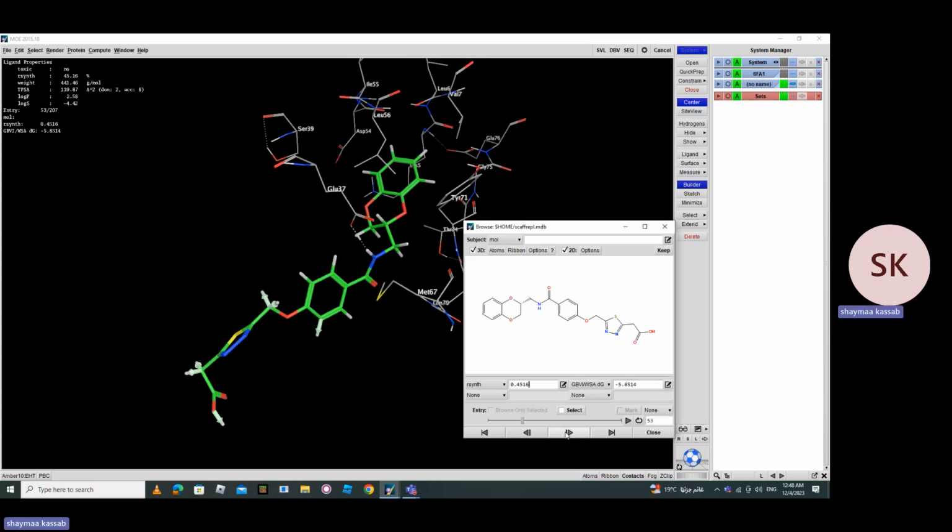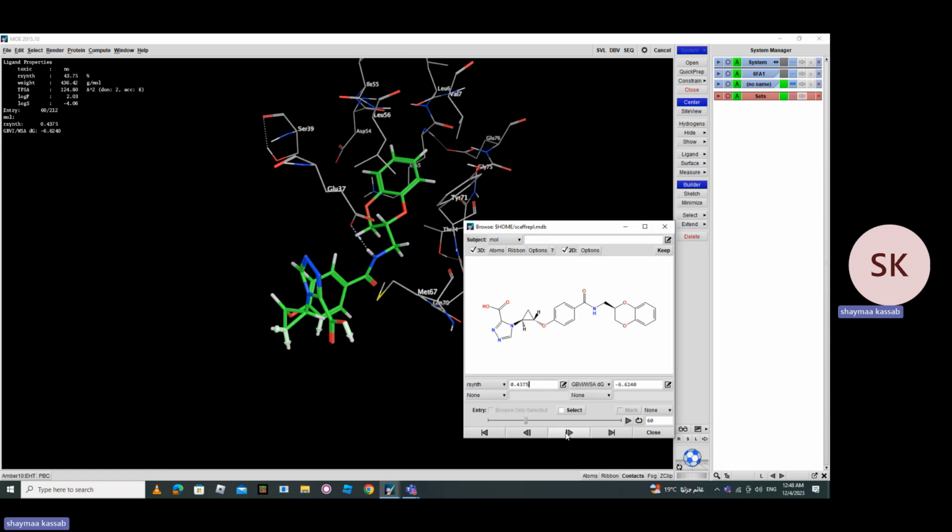Here, I think upon looking for more options, you will find more diverse compounds with nicer bonding forces in this area. This area was kept silent, without interaction forces with the original ligand.